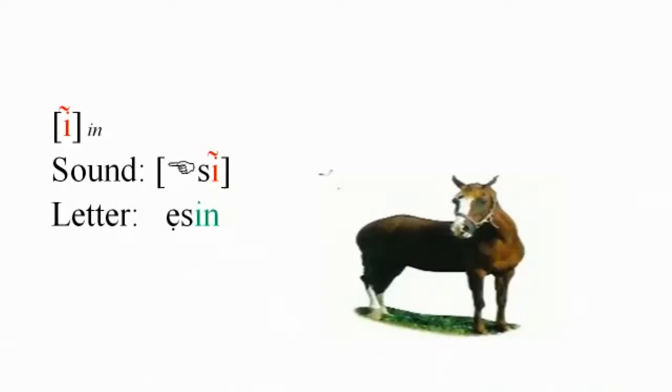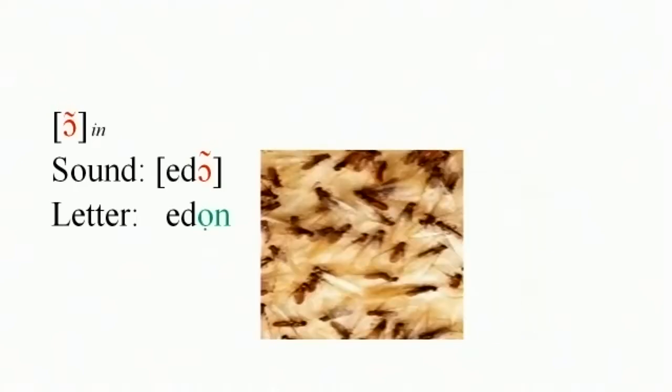Then you have the letter I, followed by the letter N, as the 2 constitute a digraph representing the sound in the word. Then you have the O, let's say in green, O with a subdot followed by N, representing that sound O in Edo.